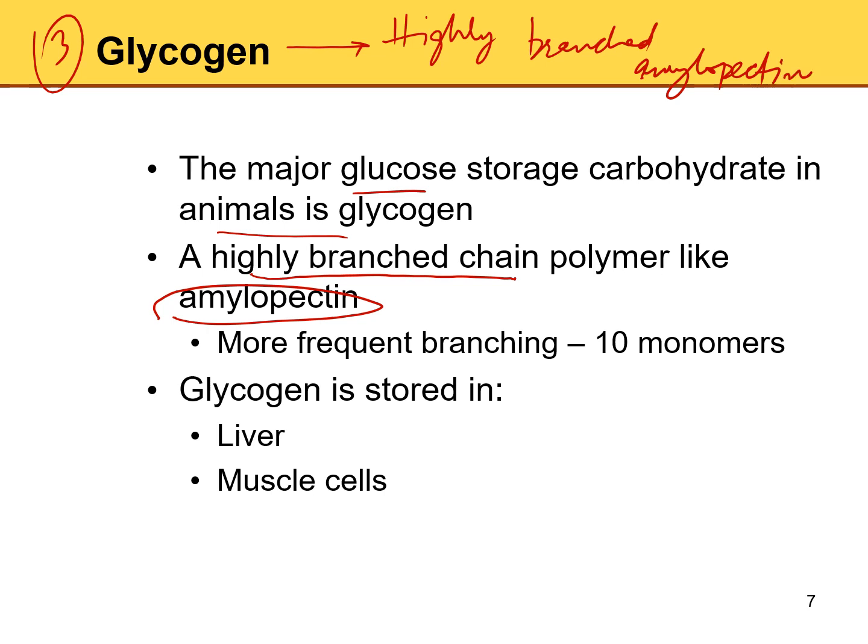If you remember, amylopectin has both alpha 1,4 plus alpha 1,6 branches, right? So glycogen is just like that. It has more frequent branching, and it's found in muscles and liver in animals.